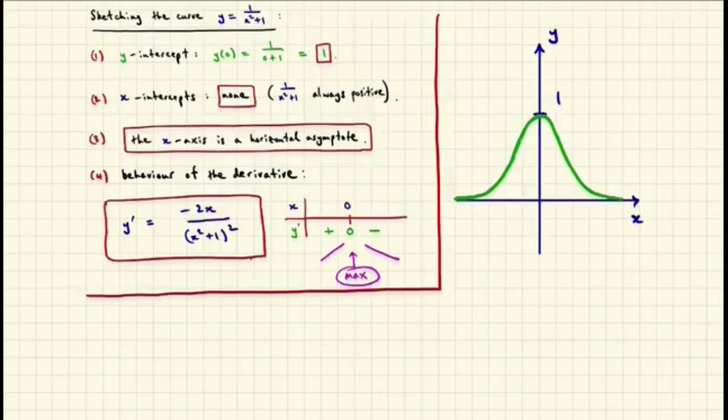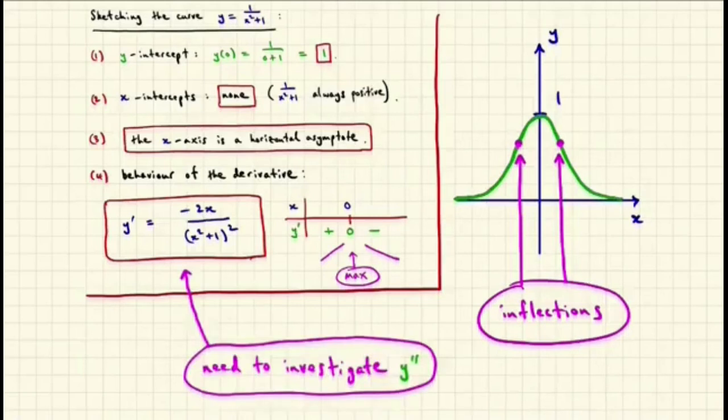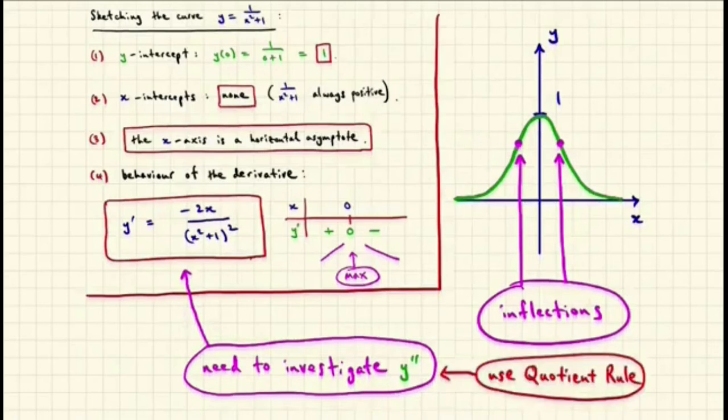To be sure about the behavior with regards to concavity and to locate the inflections, we need to investigate the second derivative, y double dash. Because the first derivative, y dash, is a rational function, we should expect to apply the quotient rule.